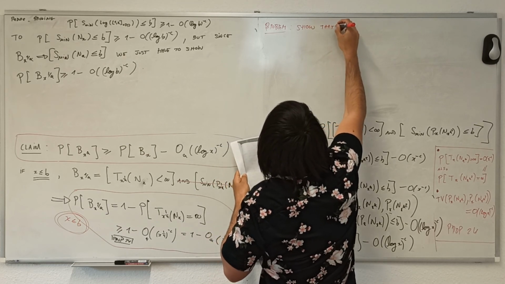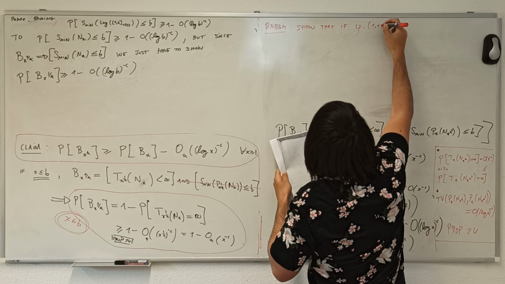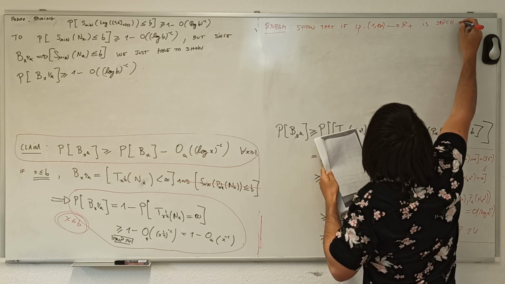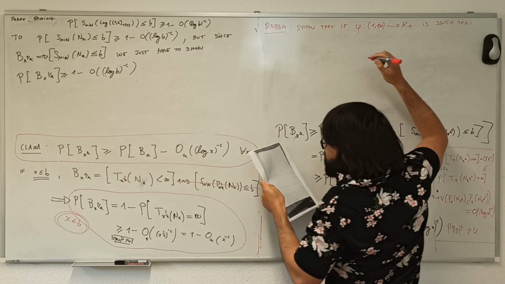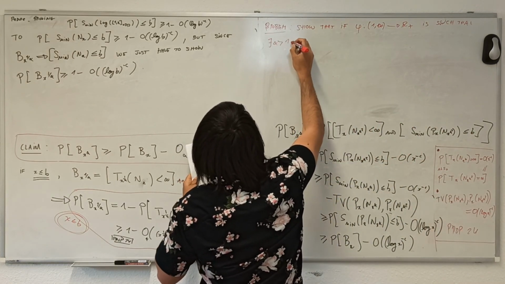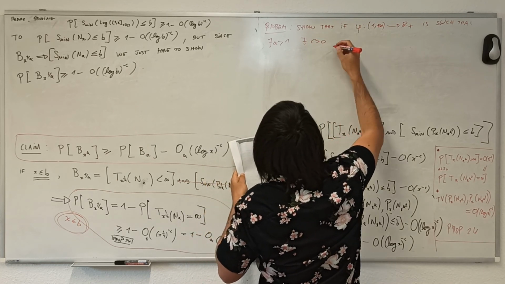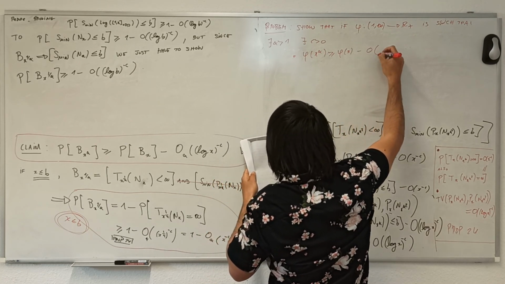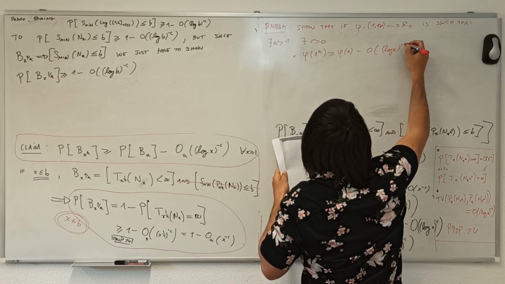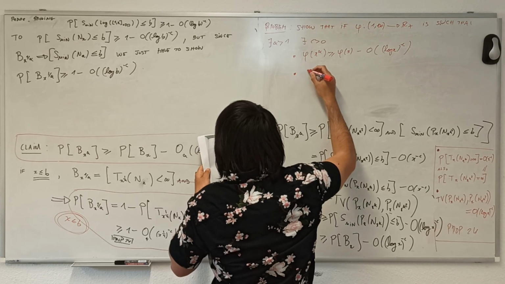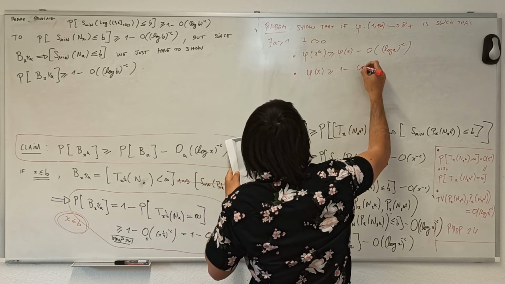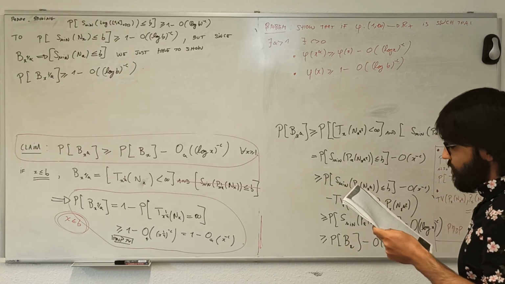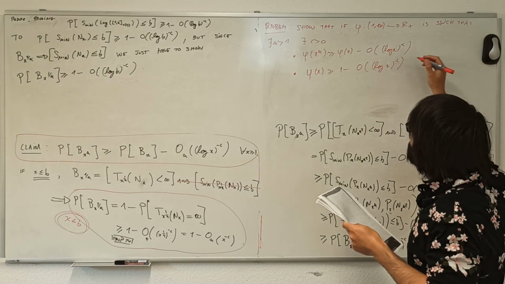Show that if phi goes from 1 to plus infinity to R, is a function such that there is some alpha greater than 1, there is some c greater than 0, with phi of x to the alpha greater or equal than phi of x minus O of log of x to the minus c, and phi of x is greater or equal than 1 minus O of log of b to the minus c, then phi of x is greater or equal than 1 minus O of log of x to the minus c.